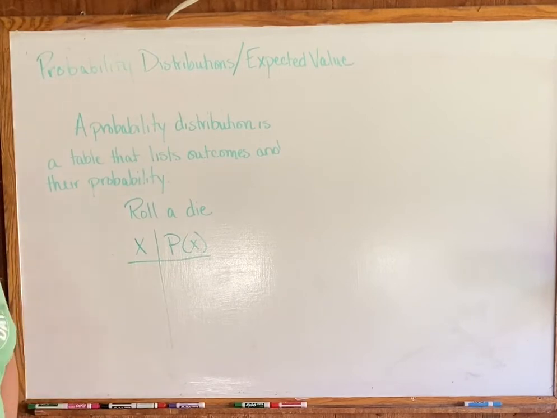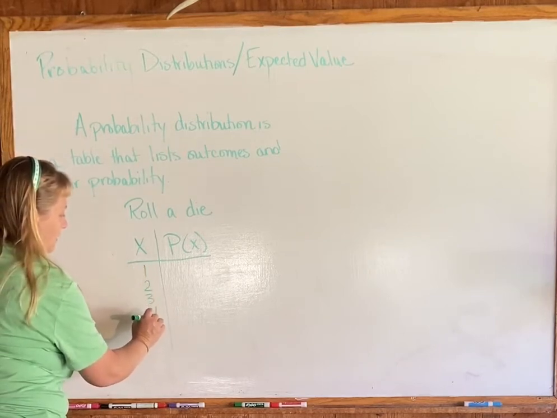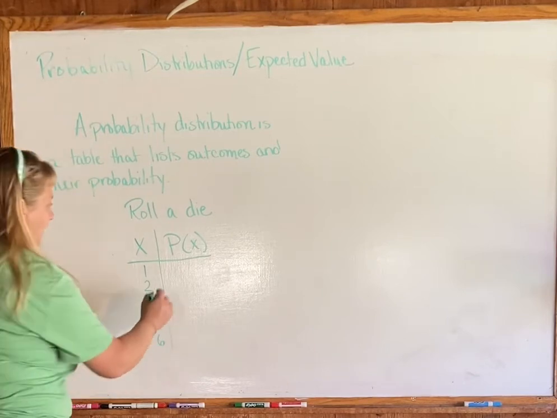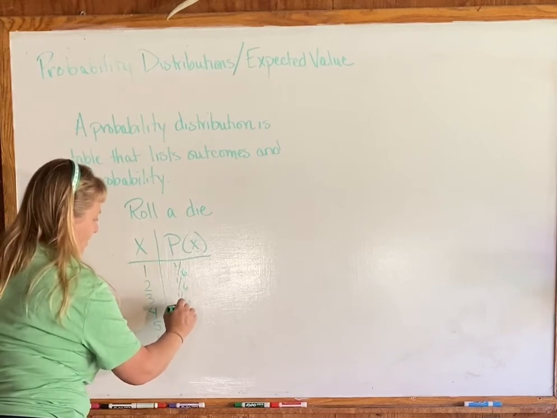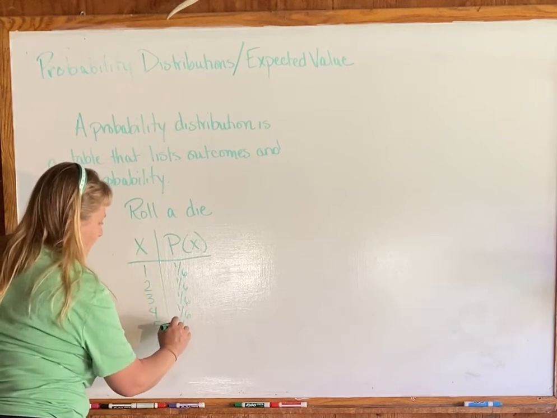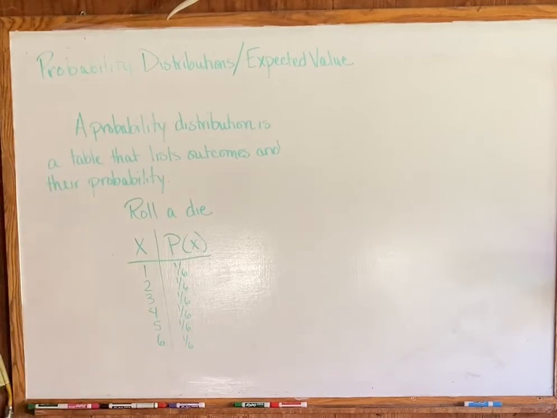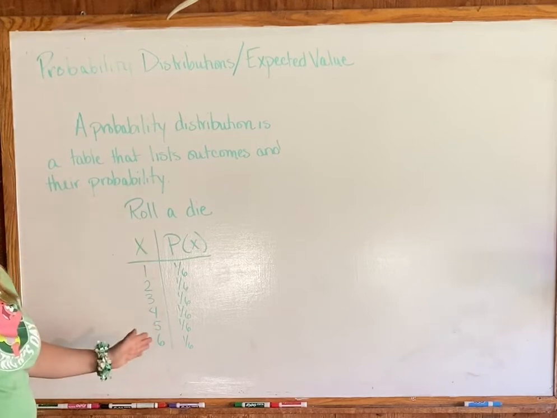We're rolling a die, so this is an easy one: our different outcomes would be 1 through 6. And because a die is fair, each one of these is a 1/6. Not the most exciting probability distribution, but it gets us what we want. We've got this in table form, we've got the outcomes, we've got the probabilities.